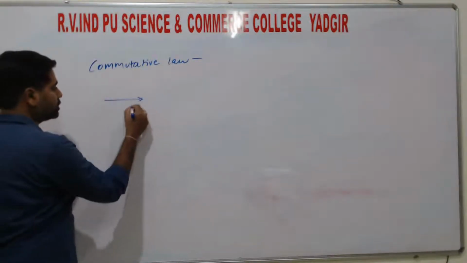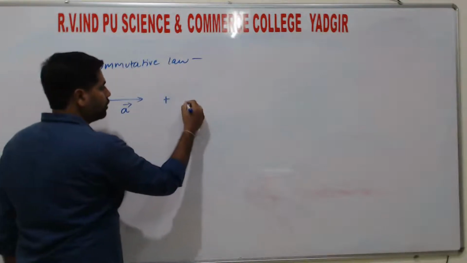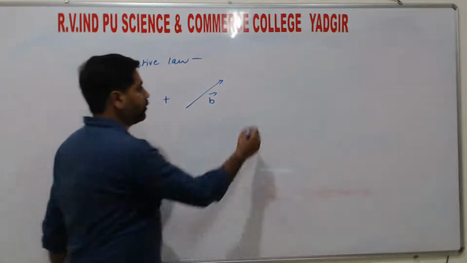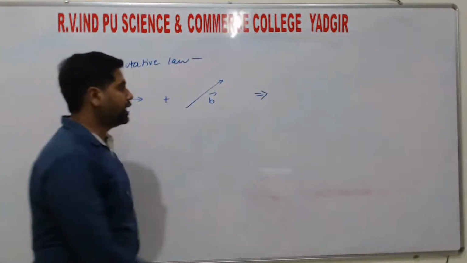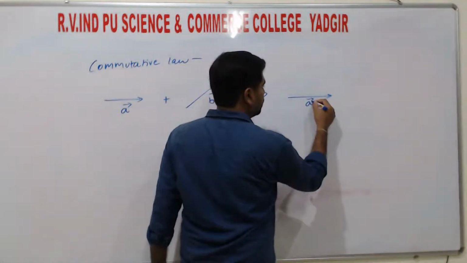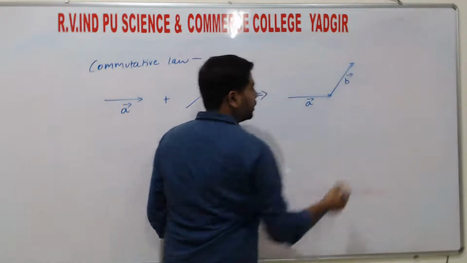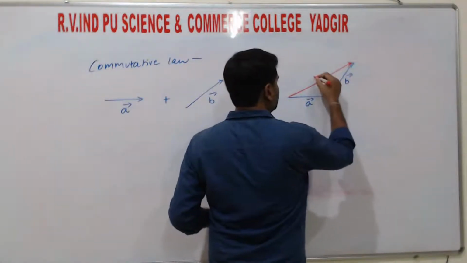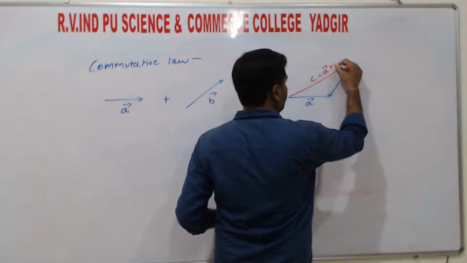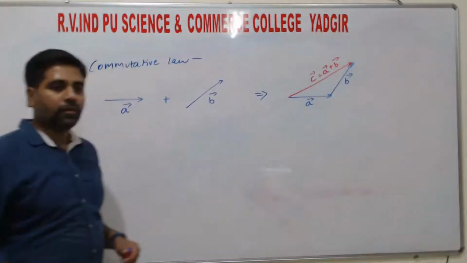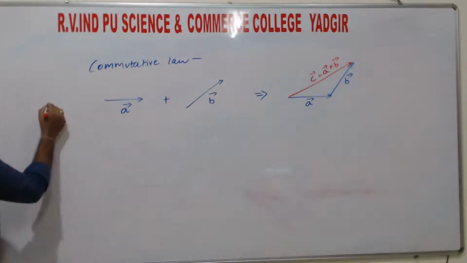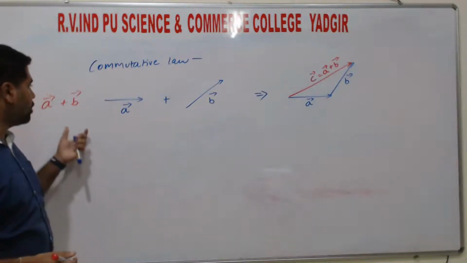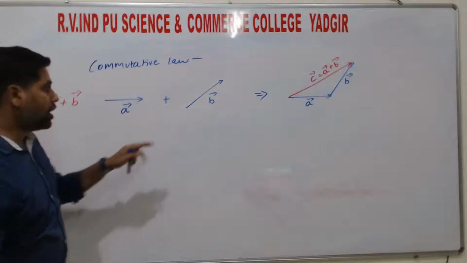If we consider two vectors, vector A and, again, I will take this one as vector B. If we add A plus B, we get the resultant: vector A, and here we have vector B, and the resultant C is equal to vector A plus vector B. So this is the addition of vector A plus vector B. Similarly, commutative law means A plus B is equal to B plus A. Now we start with this one.